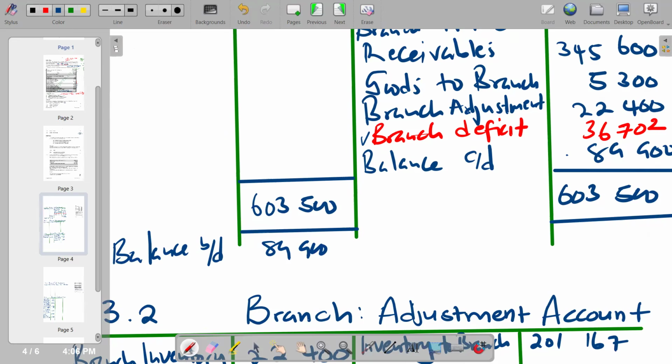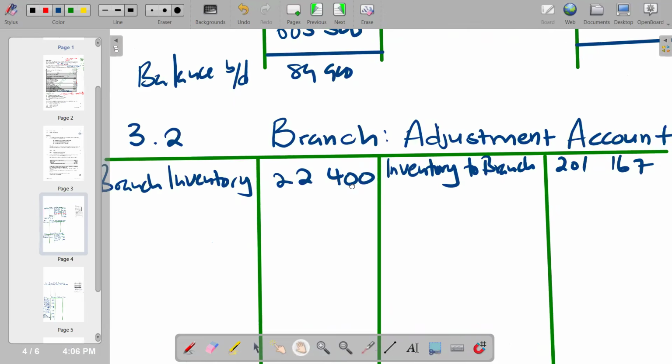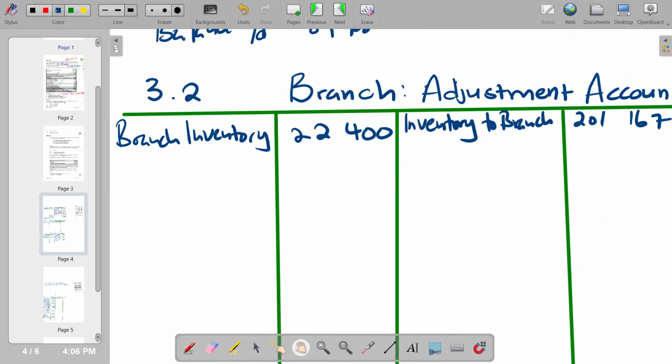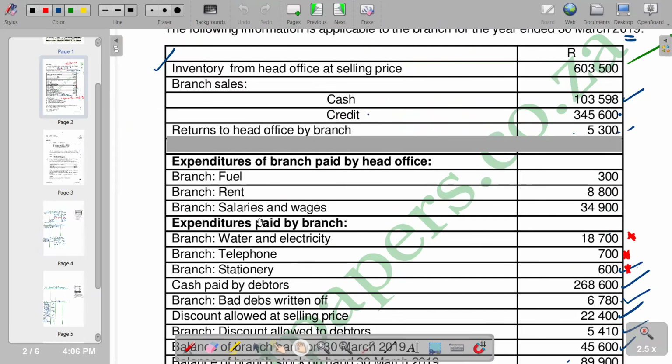And then the 36,702 is supposed to come to the branch adjustment account on the debit side, coming from branch inventory as the branch deficit. We have got 36,702.